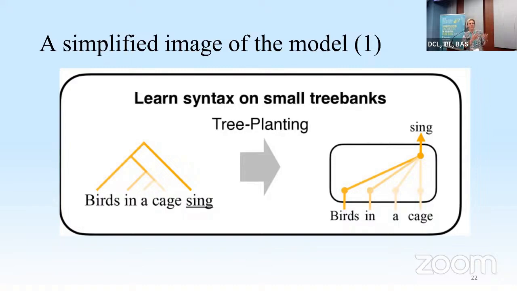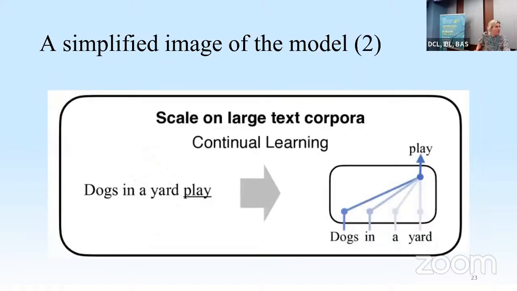Of course, it is a very simplistic way, but when you learn in this way from the tree bank, then you can go to a corpus without structures, for example, dogs in a yard play, and then the model can say, here, play is the root, and all the other words depend on it. They also estimate the relations between the words themselves, but it is in the paper, just for you to know. It is the simplistic view.